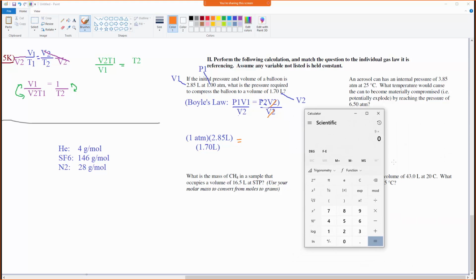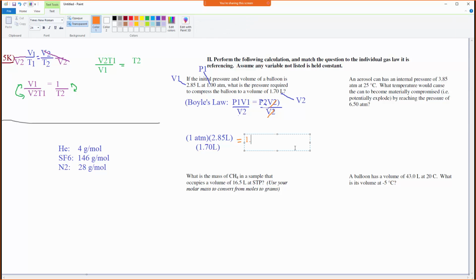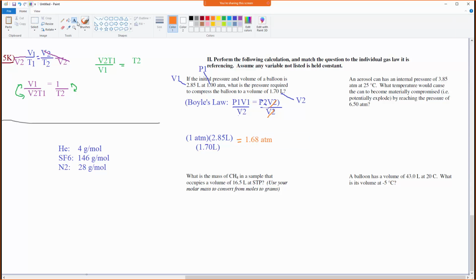My liters cancel as well, right? So 1 atmosphere times 2.85 liters divided by 1.70 liters gives me 1.68 atmospheres. That's my answer. Does that make sense?